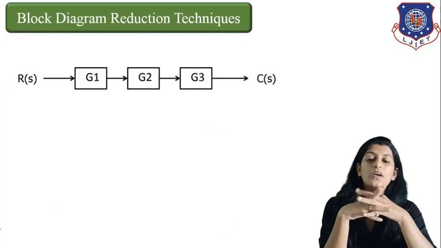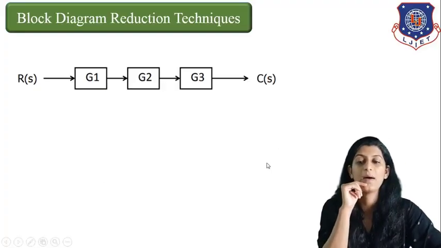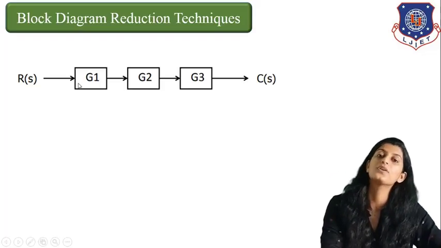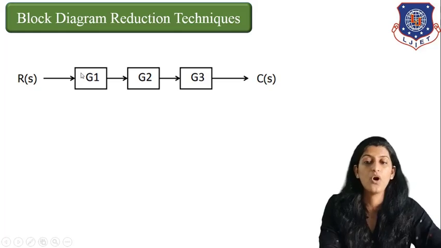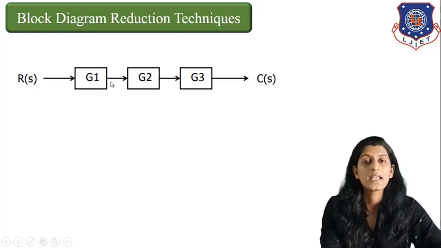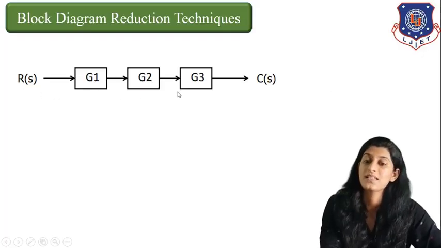Now let's see how it actually works. Suppose this is the given block diagram and you need to reduce it. There are 3 different blocks G1, G2 and G3 which are connected in series. This is your given input, this is your output.